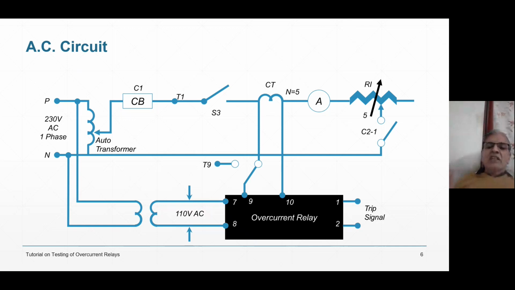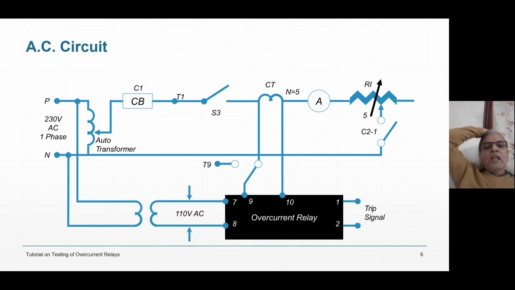So 9 and 10, it is not necessary that in all overcurrent relays 9 and 10 is the current coil. You have to see the terminal designation diagram of the relay. But that English Electric Snyder relay has 9 and 10 as the current coil. 7 and 8 is the potential coil.